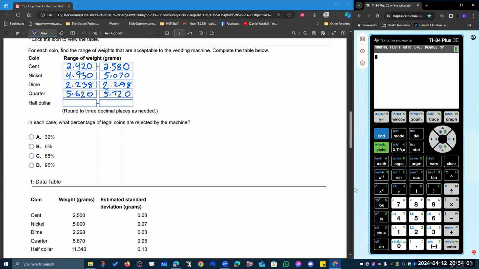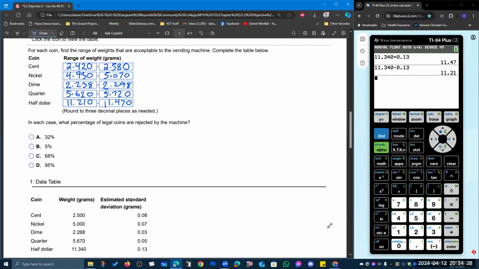And then we're going to look at half dollars, which is 11.470, and we'll switch that to subtraction, and we get 11.210.